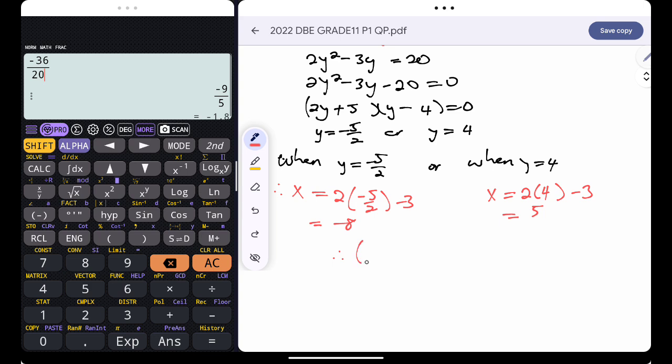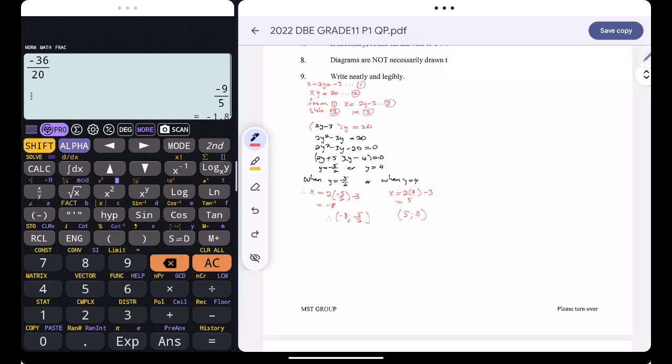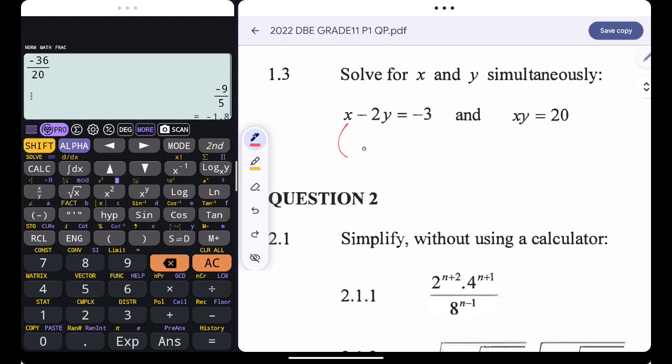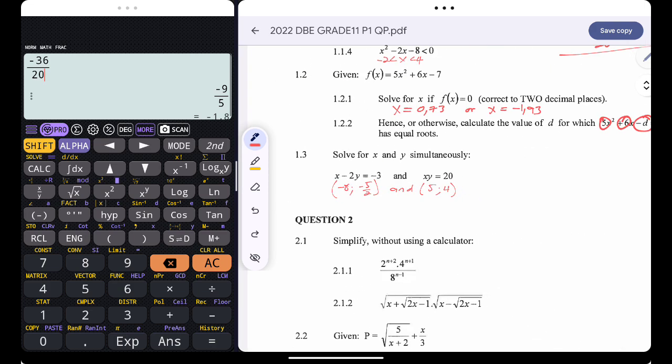So when x is negative 8, the corresponding y value is negative 5 over 2. And when x is equal to 5, the corresponding y value will be 4.